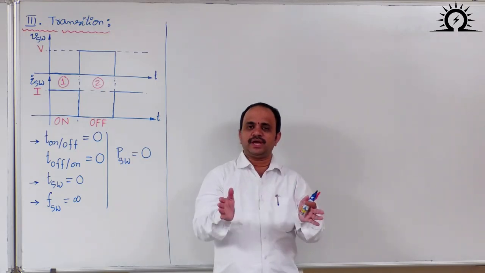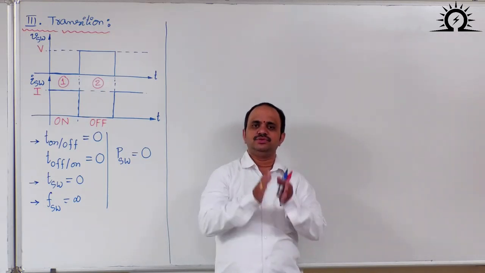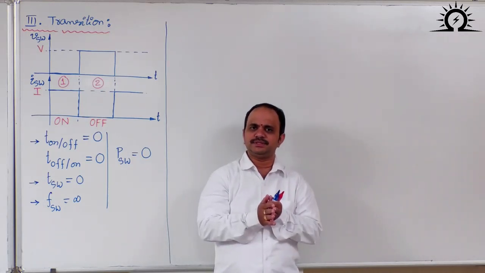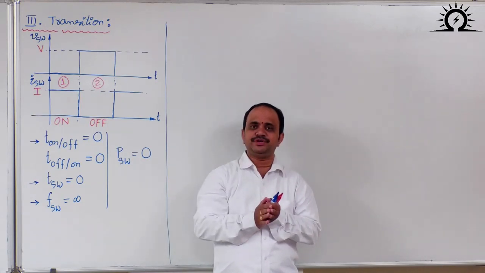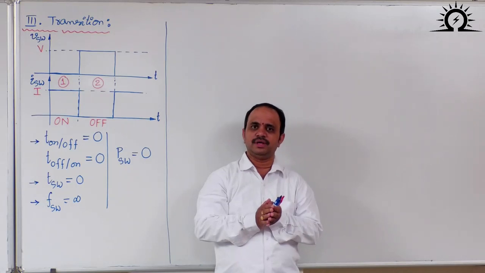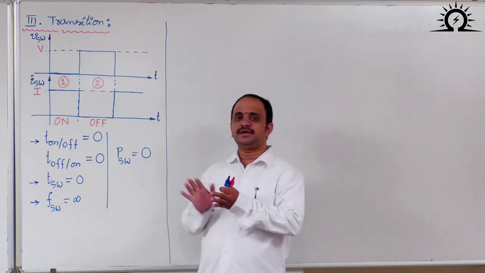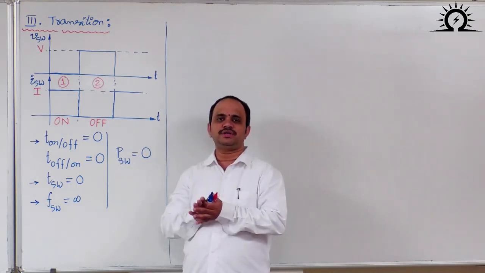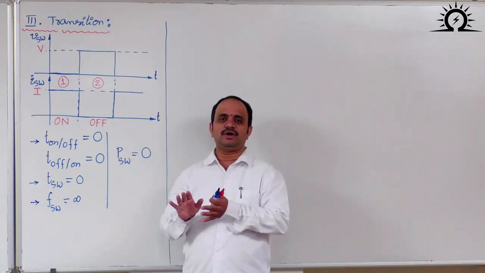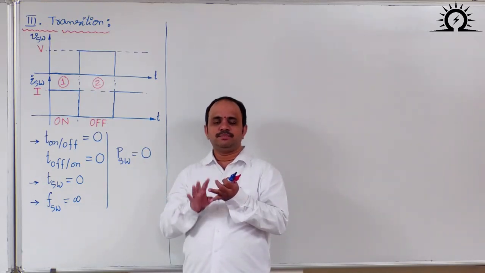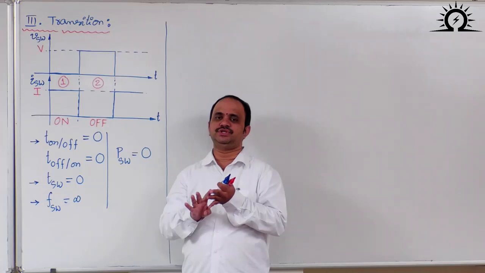Suppose if you take electrical machines, those are also power conversion equipments, but in the electrical machines there are rotational losses also involved. But power semiconductor devices, there are no rotational losses. The losses involved are conduction loss, blocking loss and switching loss.